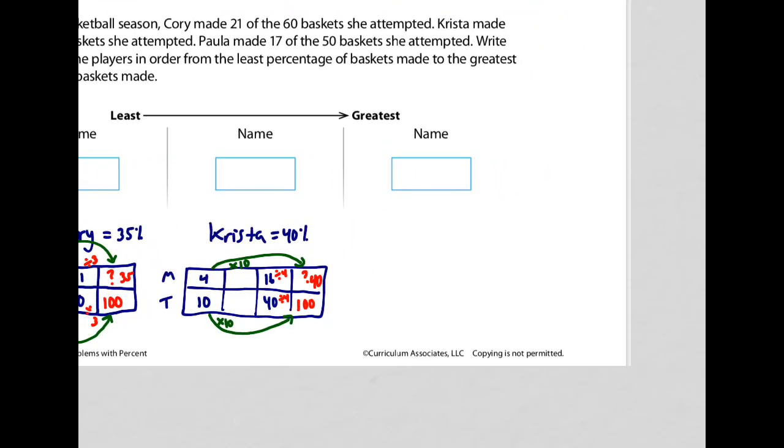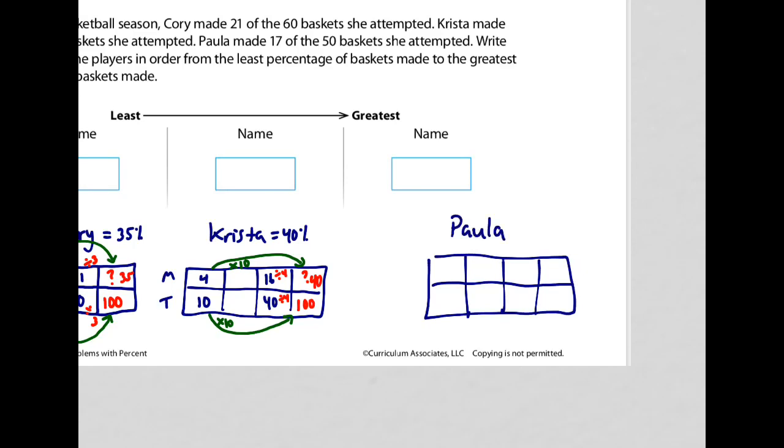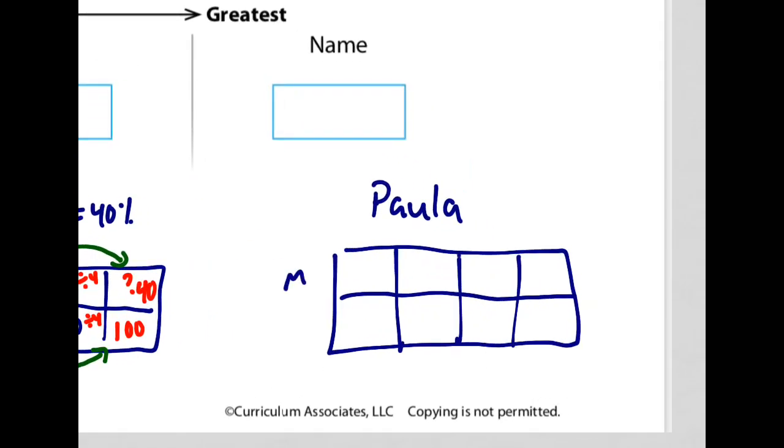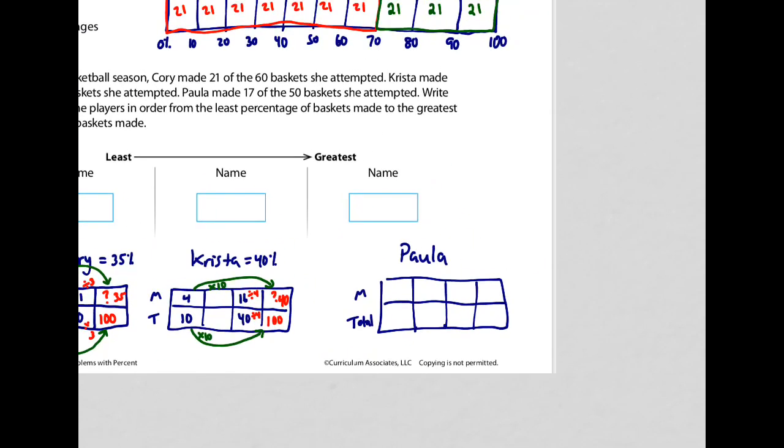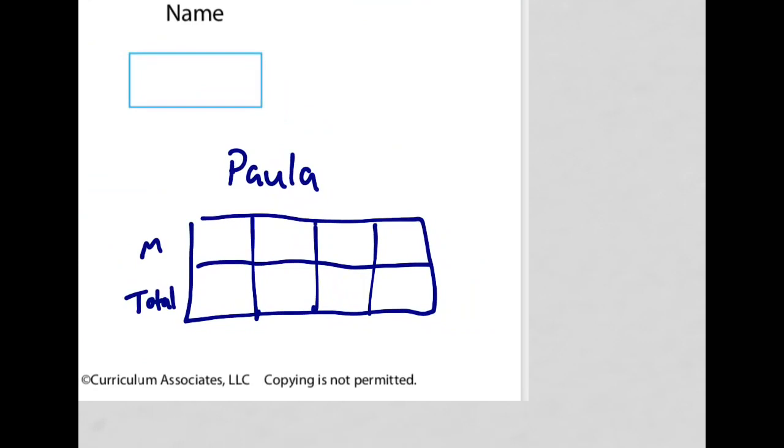So Paula made 17 out of 50, so I'm going to set up a third ratio table. Set it up the same way, and this is Paula. And these are the ones that were made, and these are the total baskets attempted. So she made 17 out of 50.